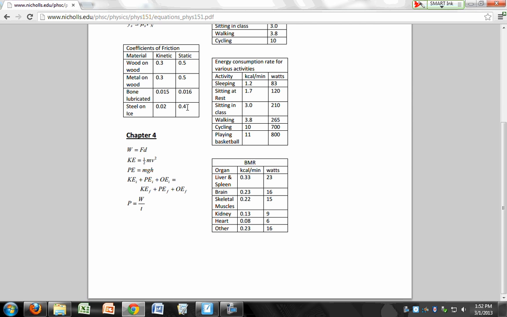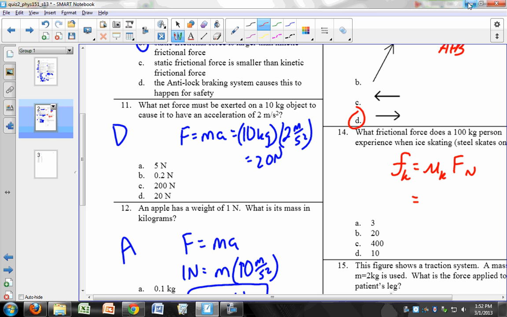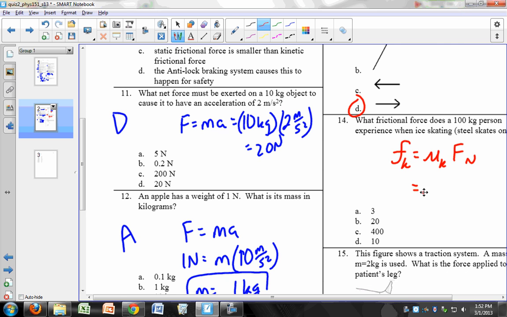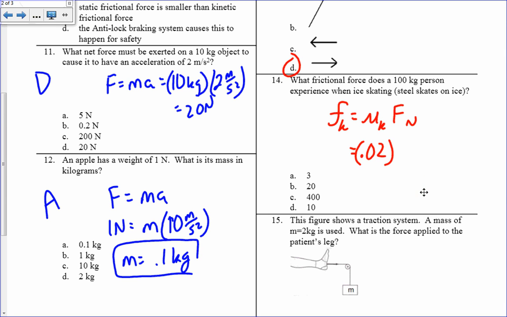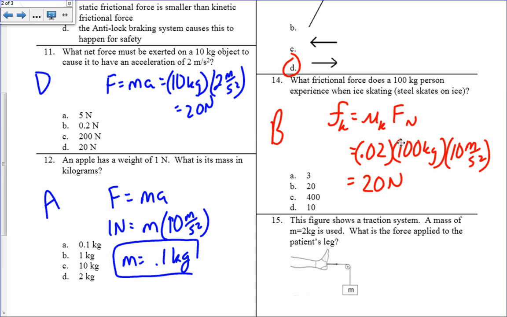Steel on ice, the kinetic friction coefficient is 0.02. 0.02 times my weight, which is just the mass times gravity. That's 100 kilograms times 10 meters per second squared. It's 1,000, times 0.02, 20 newtons. Yeah, 20 newtons. So B is the answer.